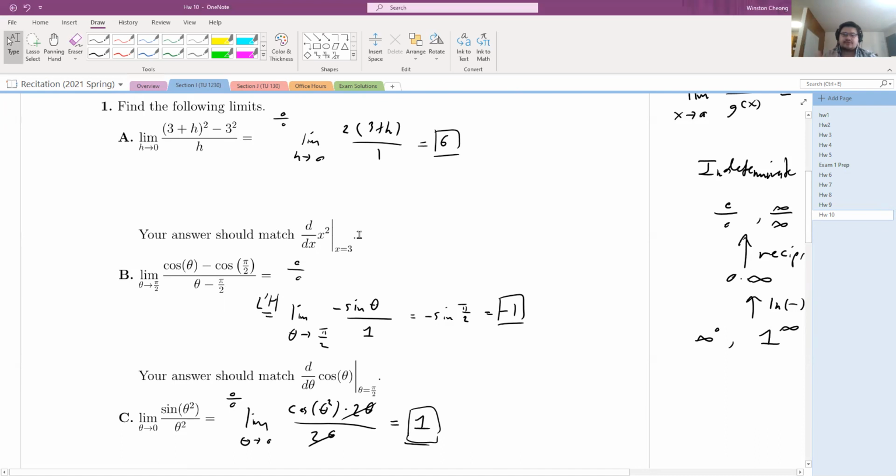Another thing you can do is compute and check that your calculation for the limit should match the actual calculation. For example, with number 1, we could take the derivative of that function. You get 2x, evaluate at x equals 3, which is equal to 6. So you can confirm that these two things match with each other. It's just to say, where did this random question come from?